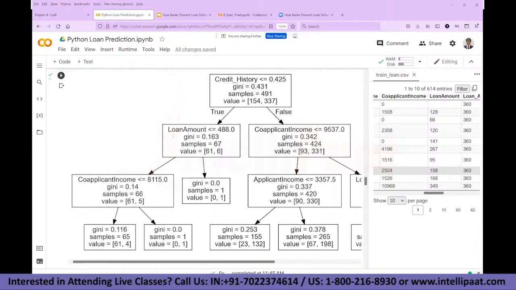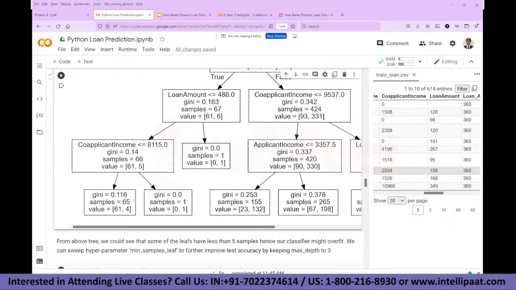If I use loan amount, and this is true and loan amount is less than 488, right? How many values are there in such cases? If this is true, then go here, or else go here, right? Then if co-applicant income is less than this, go here, otherwise go there.